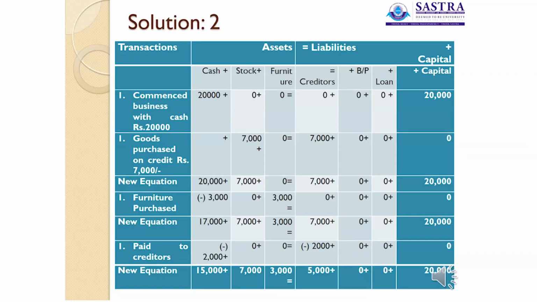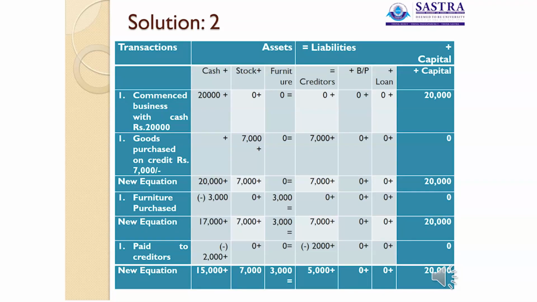Now looking at the solution for the problem. Transaction: assets is equal to liabilities. Cash plus stock plus furniture. Liability side: creditors, bills payable plus loan plus capital.